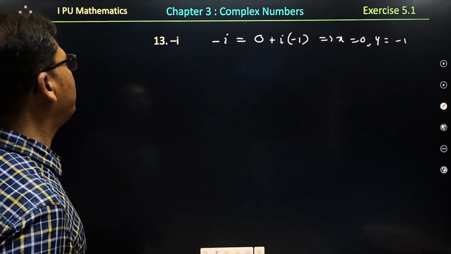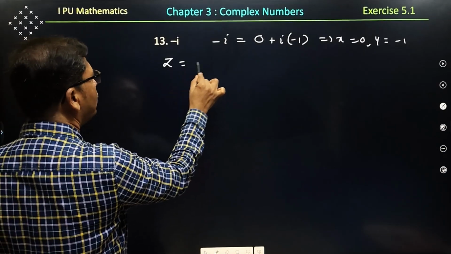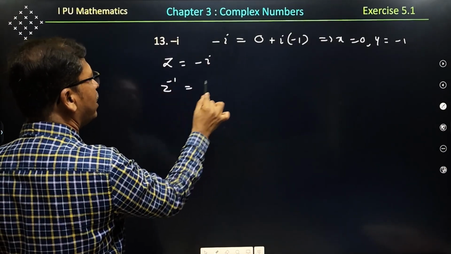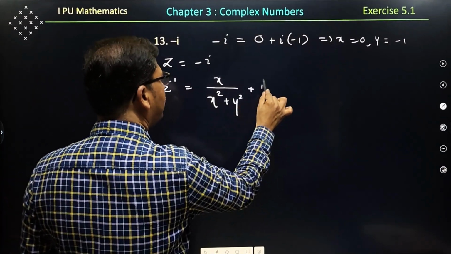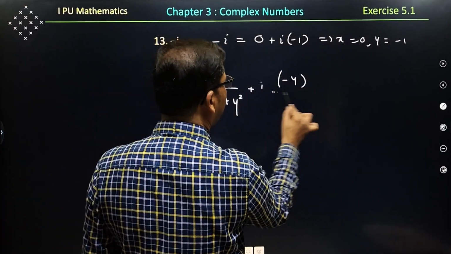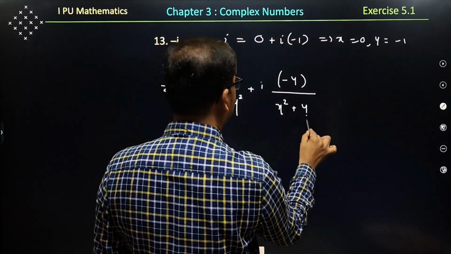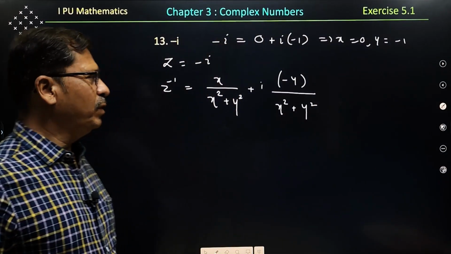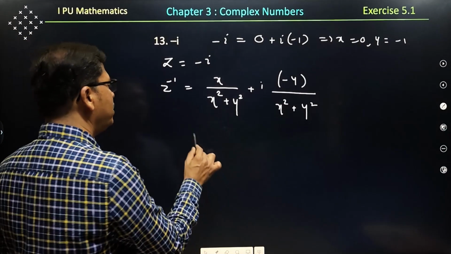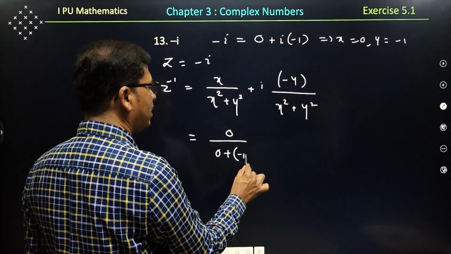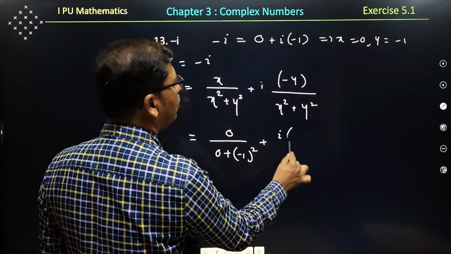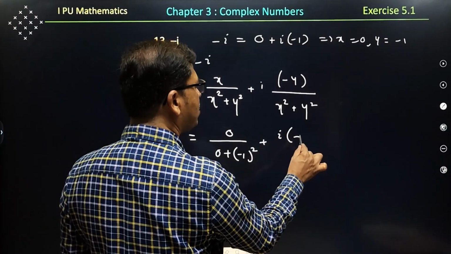So its multiplicative inverse. If you take z is equal to minus I, z inverse is given by x divided by x square plus y square plus I into bracket minus y divided by x square plus y square. This is the formula. Put the values. X is 0. 0 divided by 0 square is 0 itself, plus y square, that is minus 1 whole square, plus of I into minus of minus 1, that leads to plus 1.